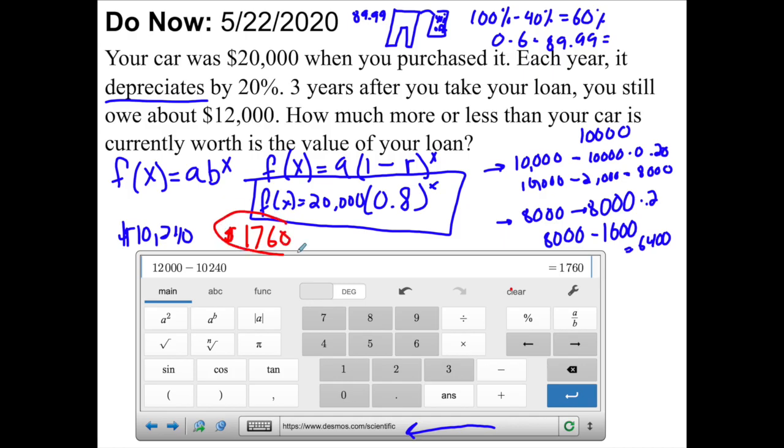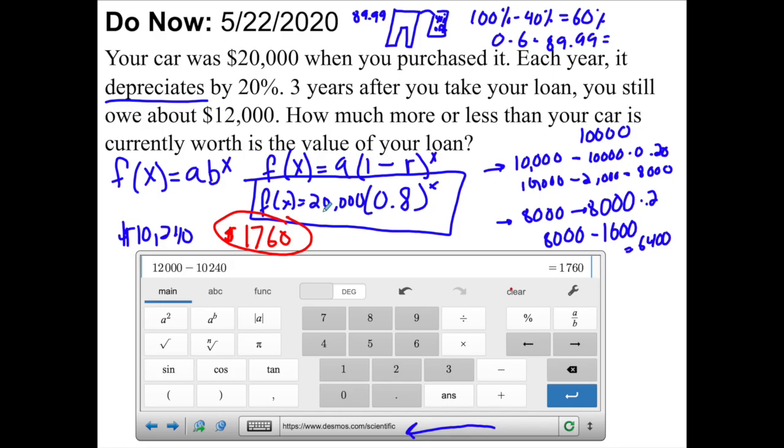So what this means is that what's left on the loan is worth $1,760 more than what the car is worth. So if you were to sell your car today for what it was worth, you would not be able to pay off your loan because you'd be $1,760 short.